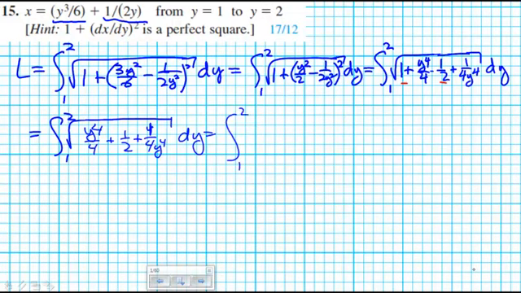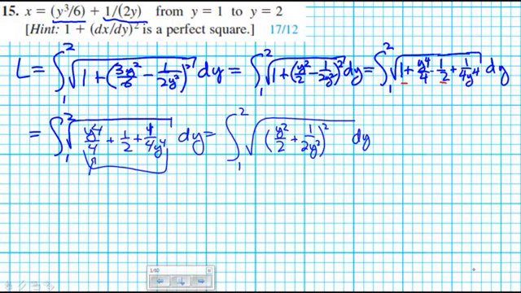From 1 to 2. And now the hint, this is a perfect square. What is it the perfect square of? I believe it's the perfect square of y squared over 2 plus 1 over 2y squared. Let's see if that's true. If I square this, I do get y to the 4th over 4.